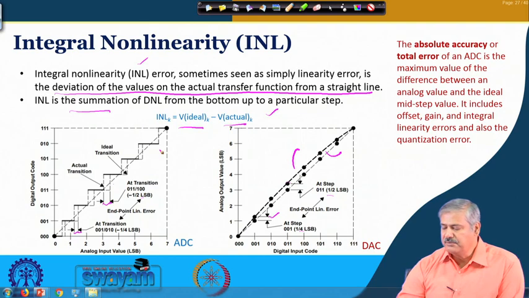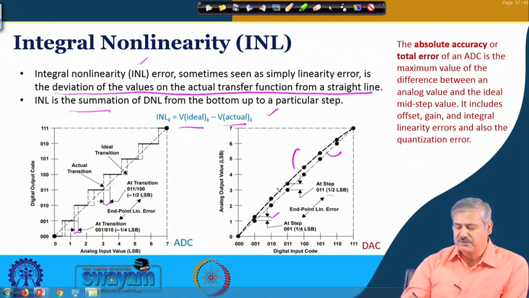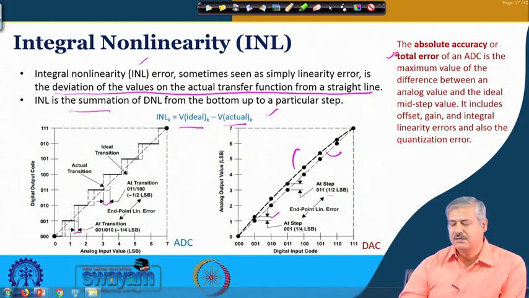And then there is another term called absolute accuracy or total error of an ADC, which is the maximum value of the difference between an analog value and the ideal mid-step value, the one that you have seen. It includes offset, gain, integral nonlinearity errors, and also quantization errors. So all those things included, what you come up with is called the total error or absolute accuracy.